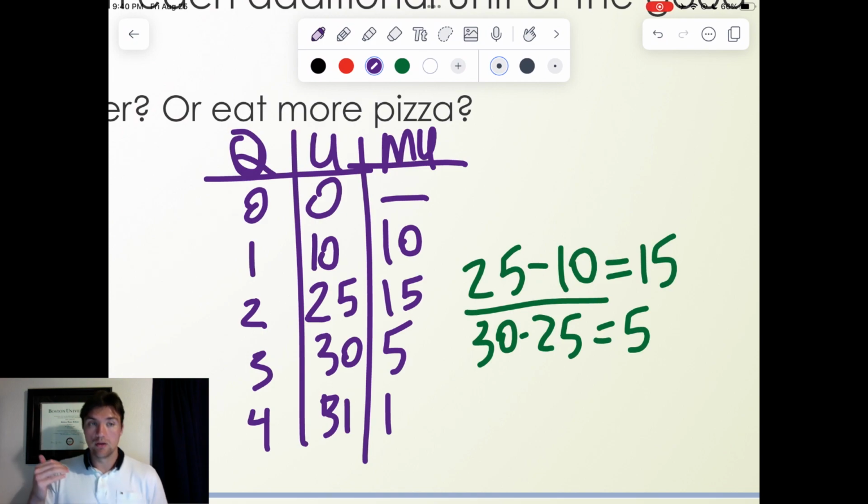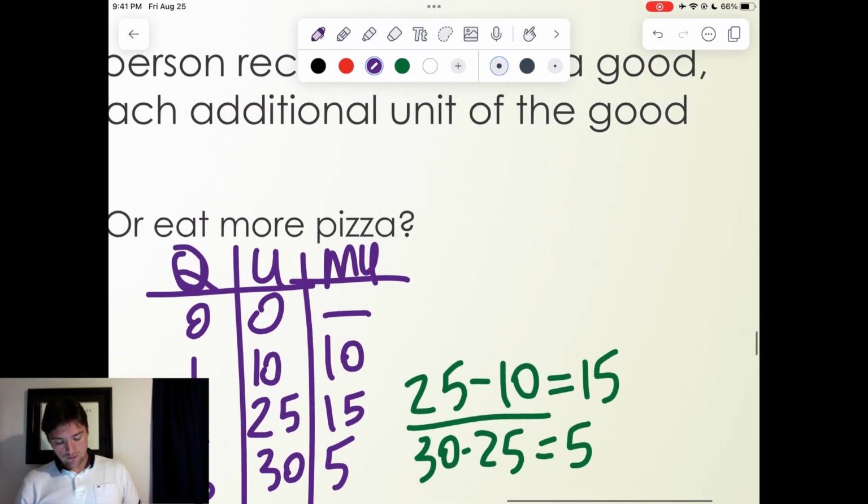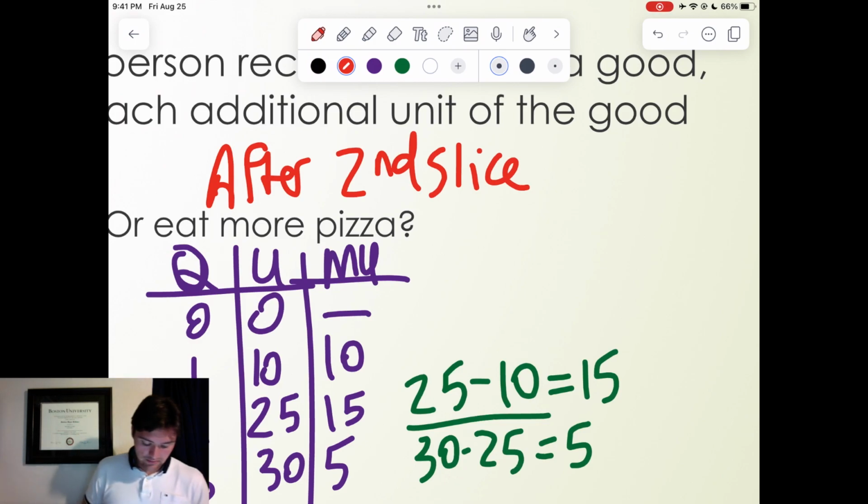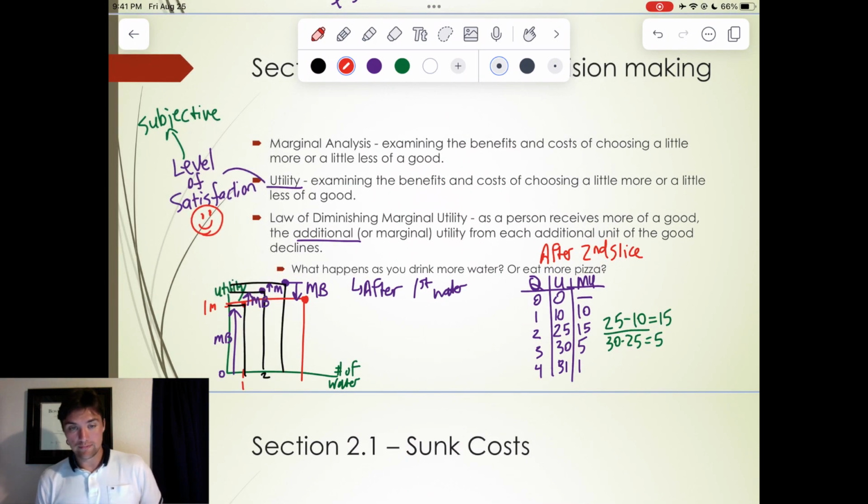Because we dropped off there, that is where the diminishing marginal utility starts. So we're going 10, 15, 5. As soon as we go down, that's where it starts. So for pizza, after the second slice.